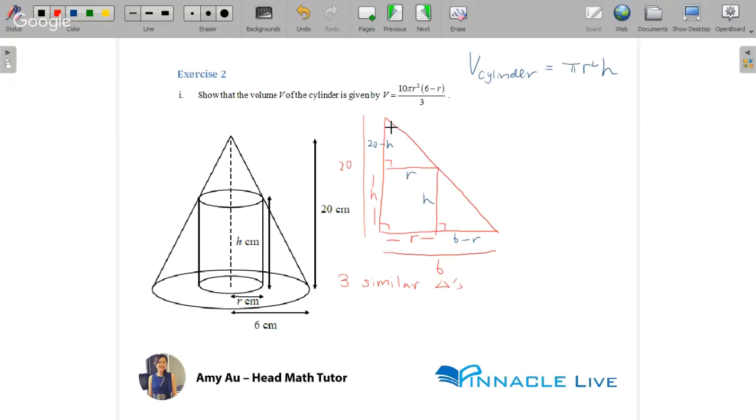So one here, one there. Let me draw it out. And then there is a big one. Yes, the big one on its own is part of this similarity family. Let's call them A, B, C.